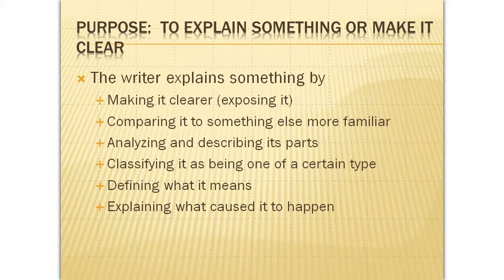For example, if we were talking about rocks, and you know that there are igneous and metamorphic rocks, and I forgot the other ones now, but if you could explain this rock as being an igneous rock and then explain what igneous means, you would be making that rock clearer to your audience.